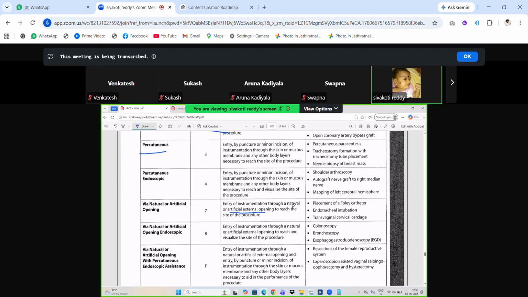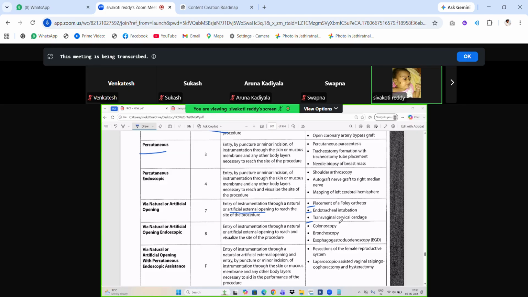It should be via natural or artificial opening, like endotracheal tube, Foley catheter, transvaginal cerclage in the vagina, Foley catheter through the penis, endotracheal tube insertion through the mouth.